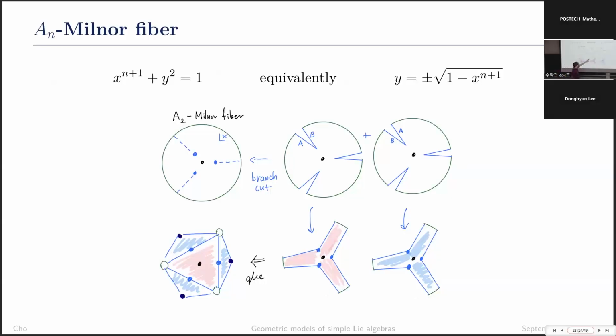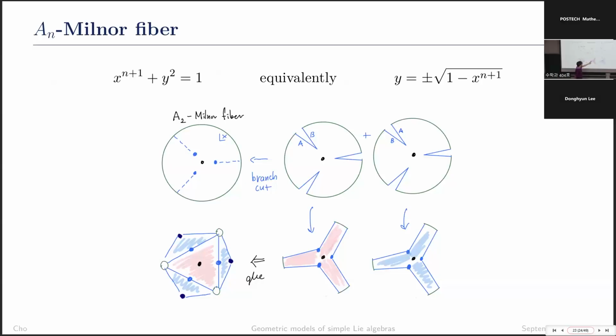So I just draw two coverings after the branch cut, and then you glue the bottom of this A with the top side and the upper side to the lower side, like this. And so just topologically manipulate this into this.